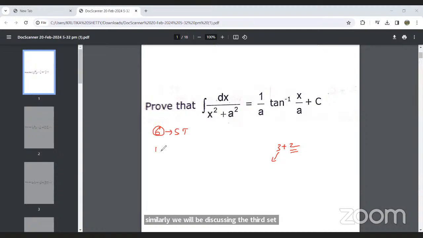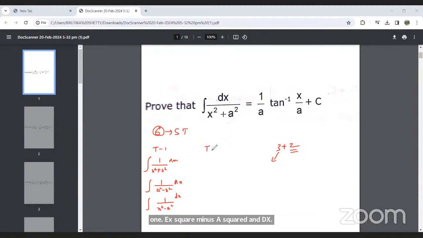Type 1: we have integration of 1 upon x square plus a square dx. Next, similarly, 1 upon a square minus x square dx. And then 1 upon x square minus a square dx. So this is type 1.